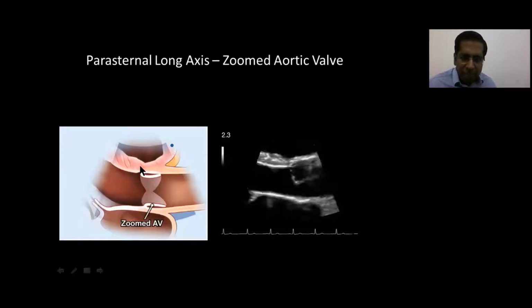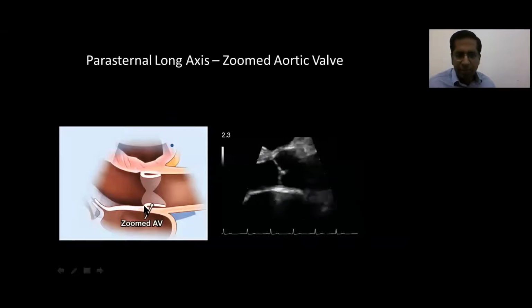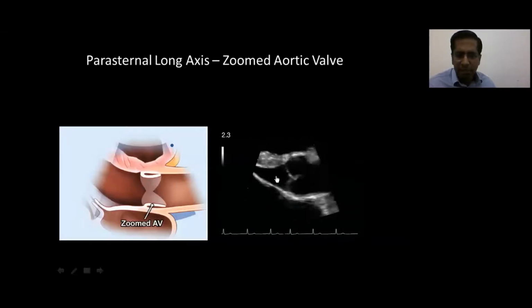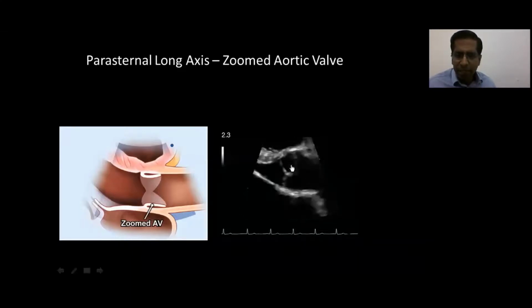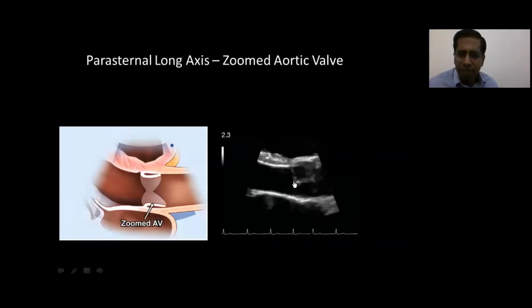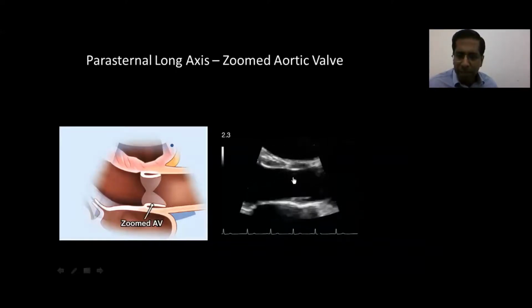And then you measure at the hinge point, from this particular point to this particular point at the blood tissue interface. Blood tissue interface means at the junction of the black and the white is where we measure. So that is the measurement that we take in a zoomed view so that our measurements are accurate.